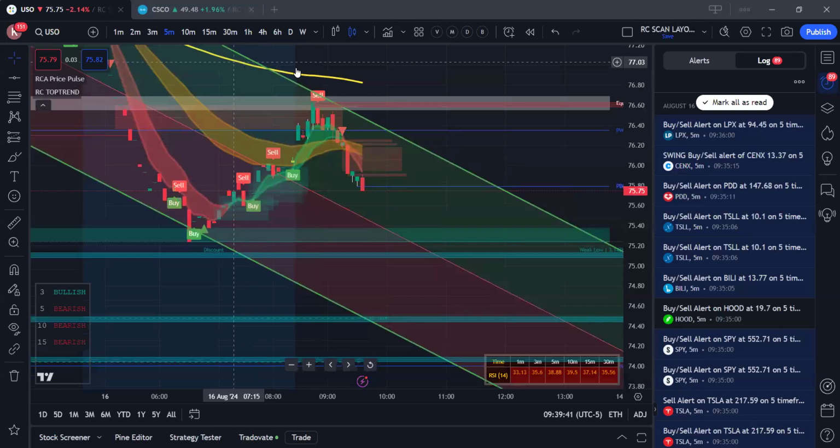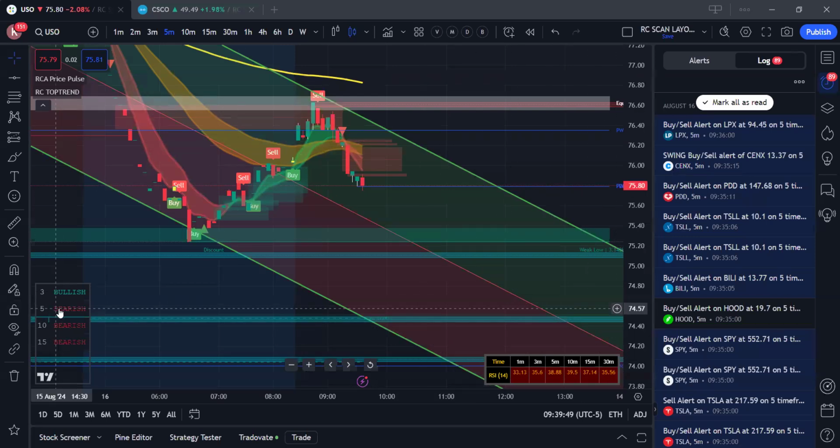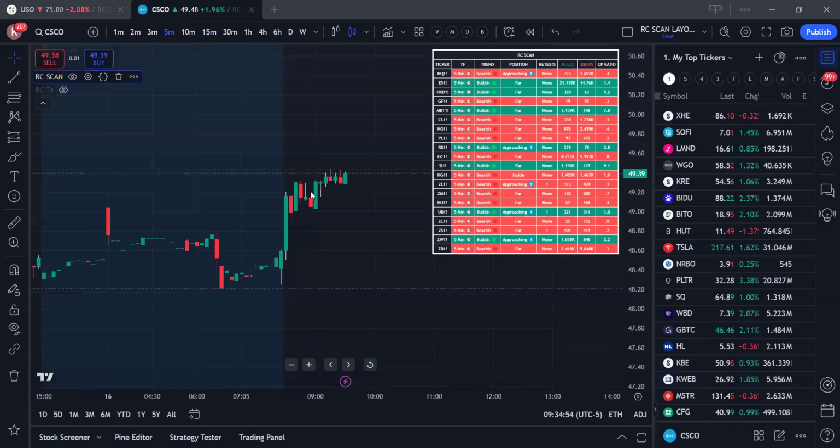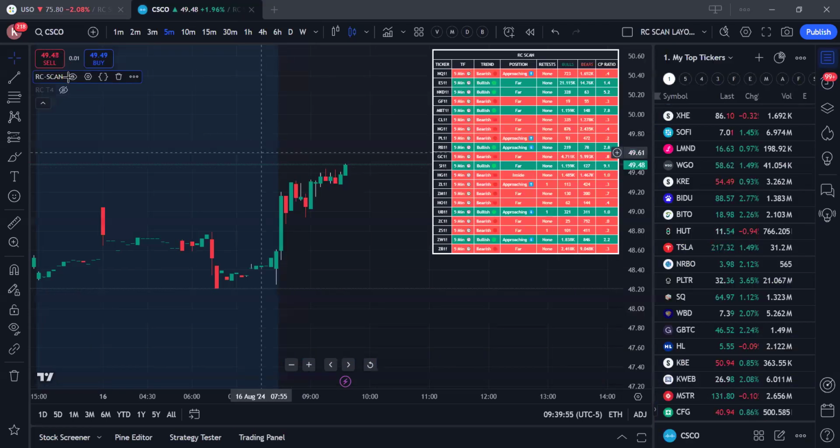Right? It is below EMA 200. Your swing cloud is red. Your day trading cloud is red. Your complete RSI is red. All the higher time frames are red. Your scanner is showing that.